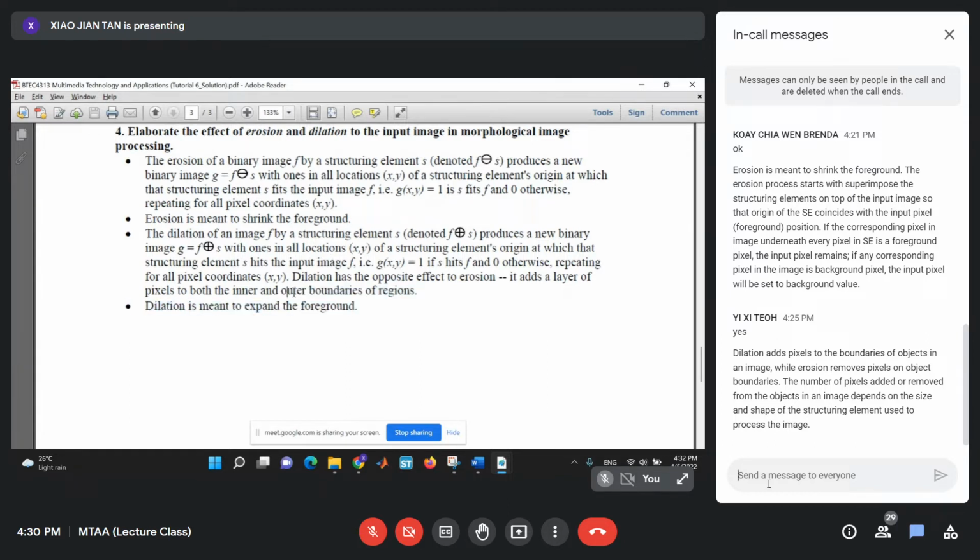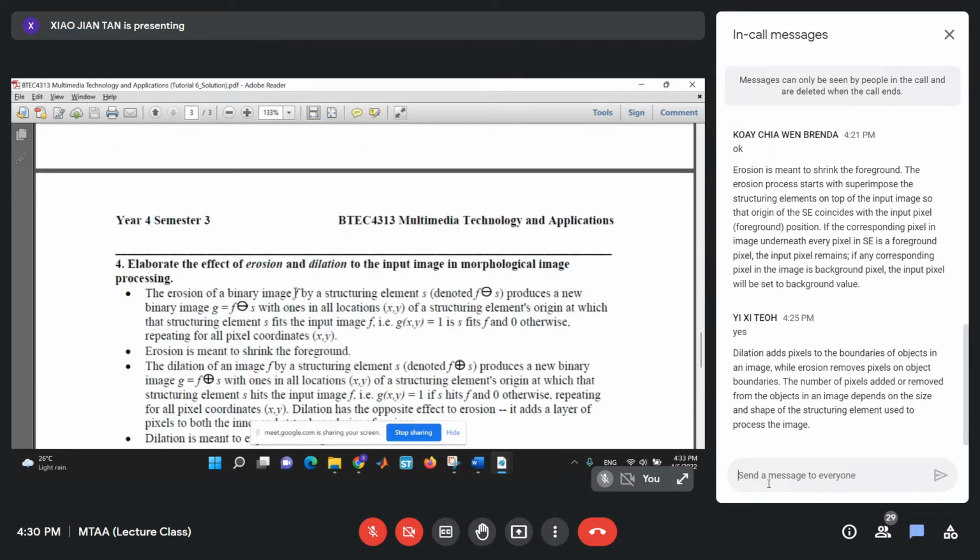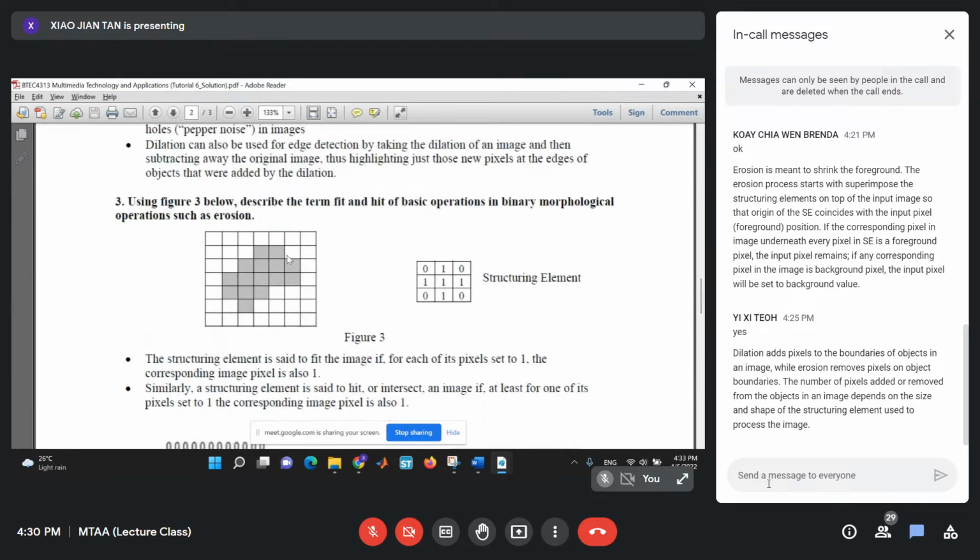You really need to know how to use dilation and erosion, not just in MATLAB, but to explain and to draw it out whenever given a structure element. Try to practice yourself with different kinds of structure elements, not only this one. This is a very cliche pattern of structure element. Maybe you can practice with some others to test your knowledge.